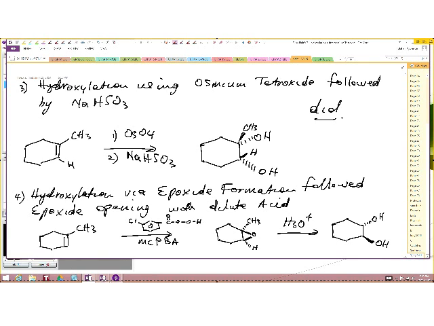The two hydroxy groups are now on opposite sides of the molecule, and of course you still have the metal still here, and the hydrogen is still here.